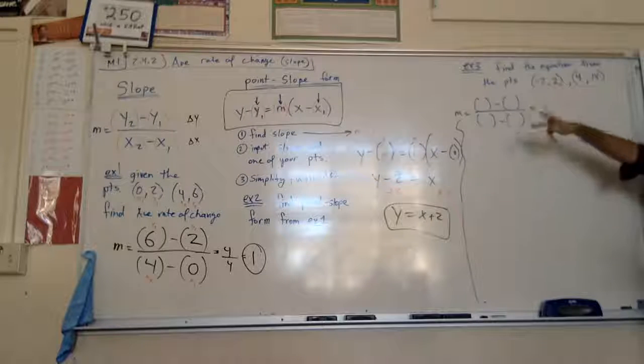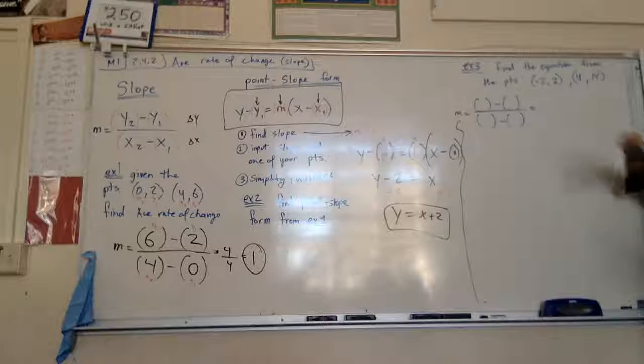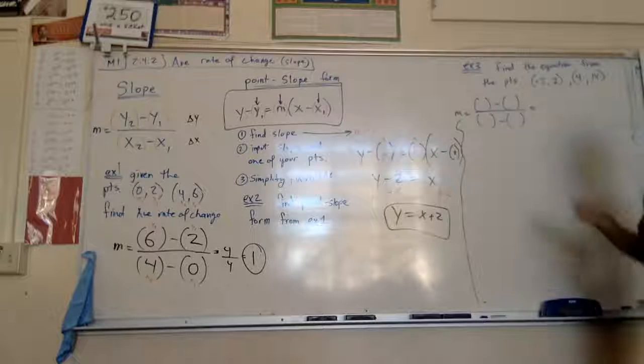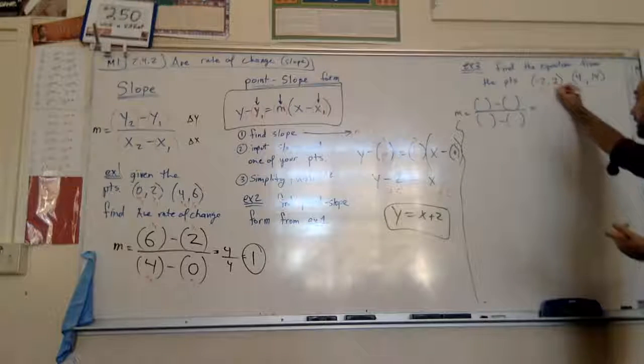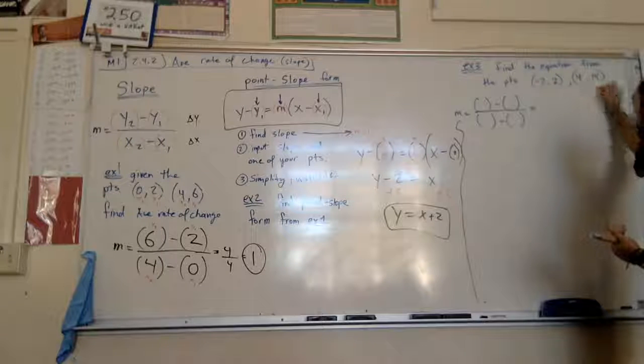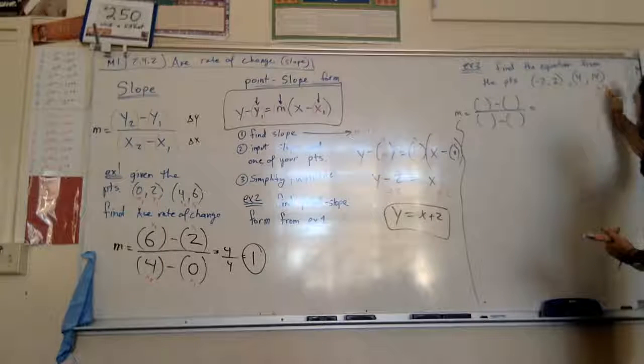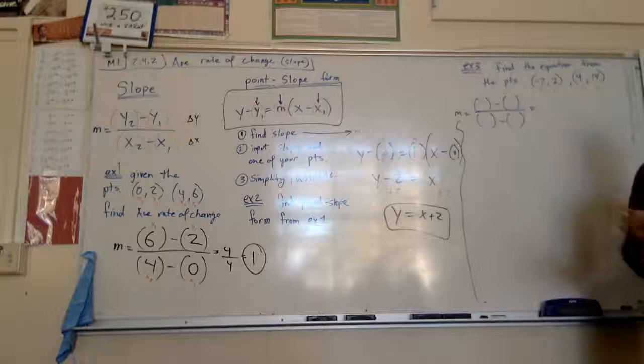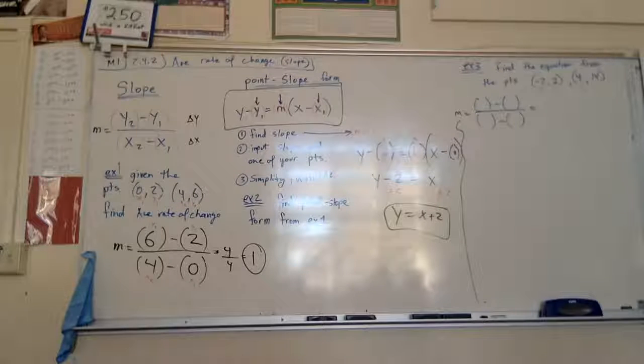We're basically doing example 1 and 2 all the way out. So let's input these. Label them first. 1 group, 2 group. Okay, you got it all in there now. Go ahead and simplify that.